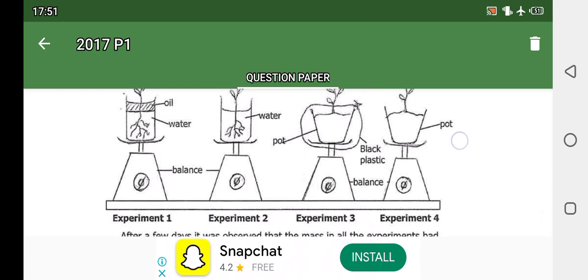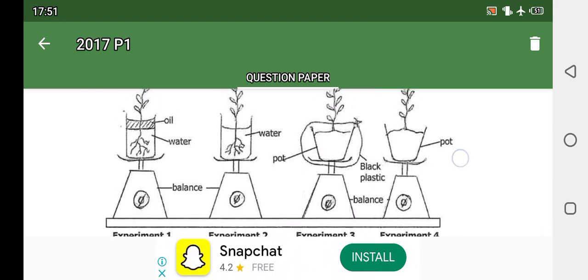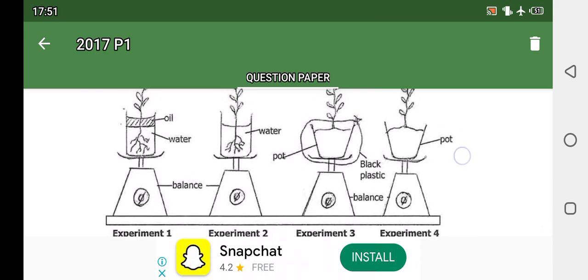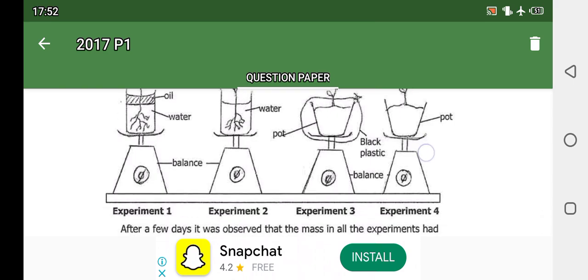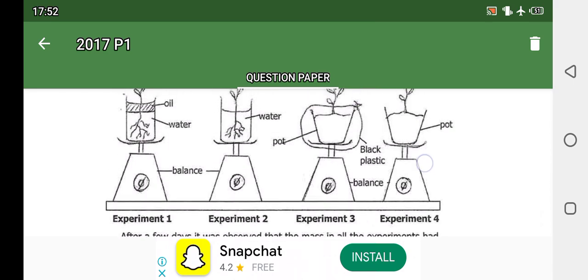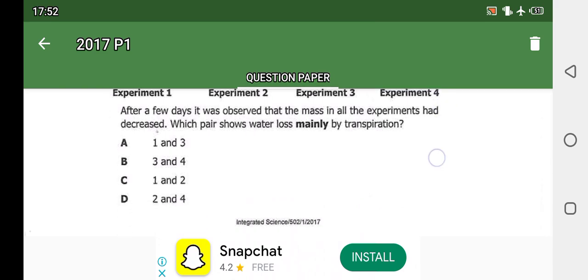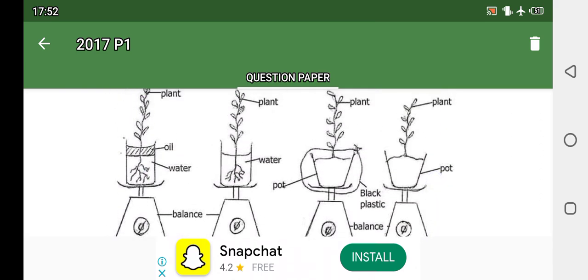Of course it is experiment 2 and experiment 4, because experiment 1 has oil that reduces evaporation. And then this one is covered, which means evaporation is not taking place, or transpiration has been reduced.